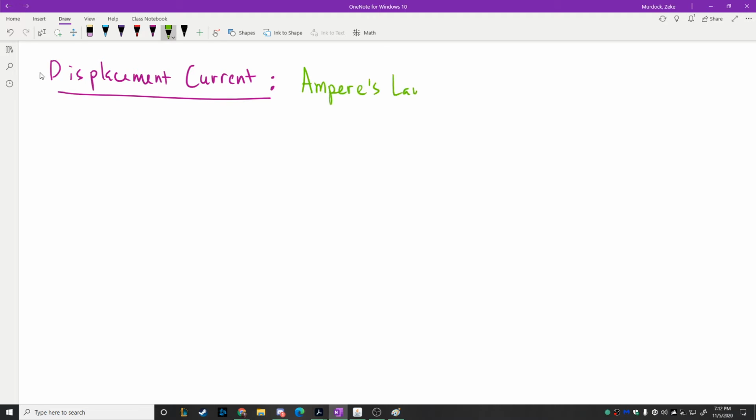that if I have, let's say for example, a wire that carries current in it. So I've got some wire, and let's say it has a current flowing this way.